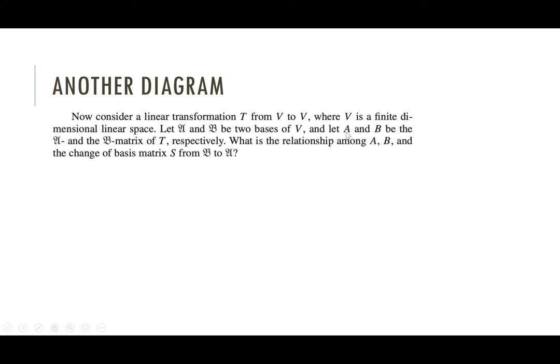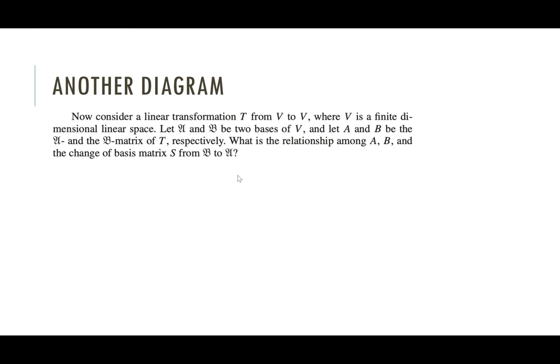We'll let A and B be the matrices of this transformation in the basis U and the basis B, respectively. And then now the question is, what's the relationship between the matrices A and B, and also the change of basis matrix? How are these all related?